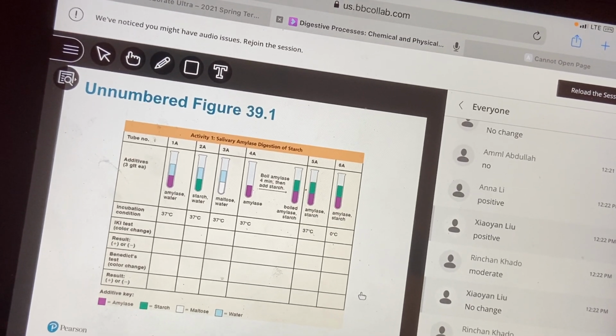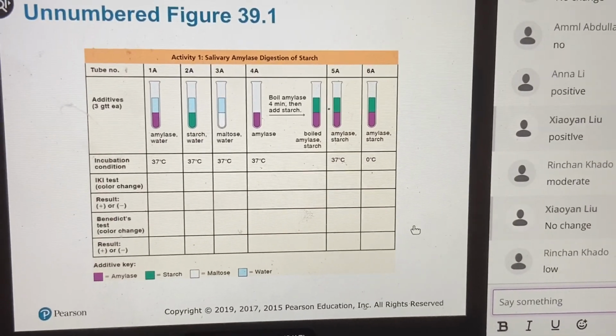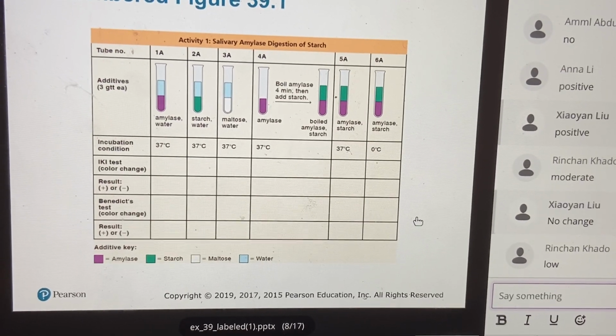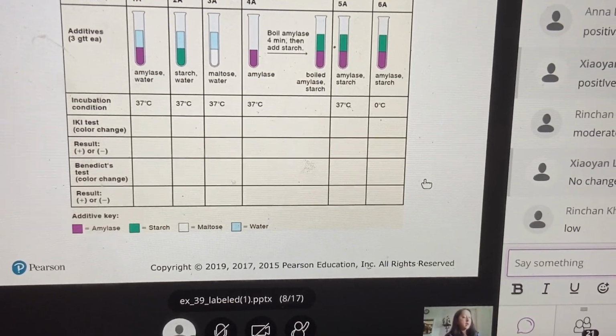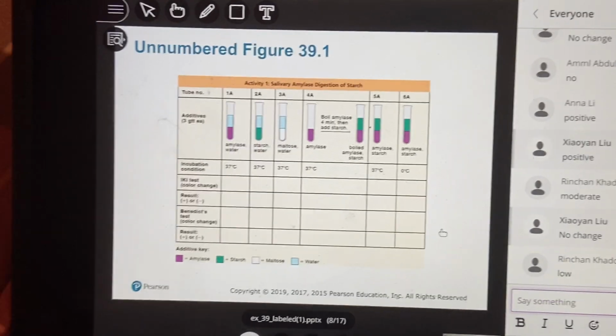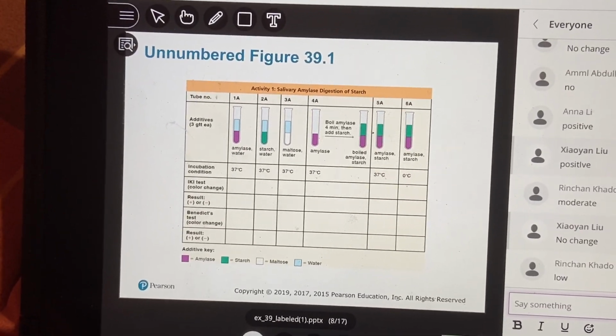What we did in testing those IKI and Benedict's. These tables are the summary of what should have been done. Your manual will give you a more detailed description. Okay, so now let's go to the next activity, protein.